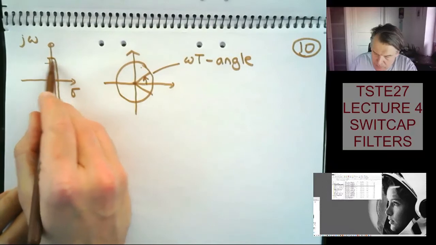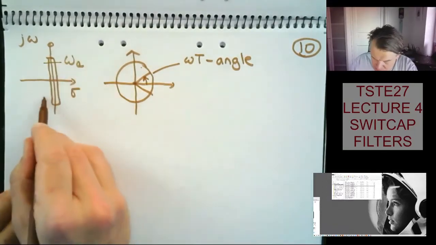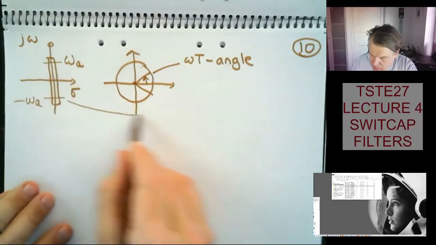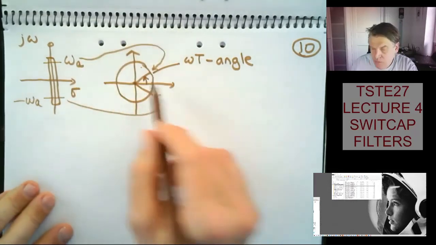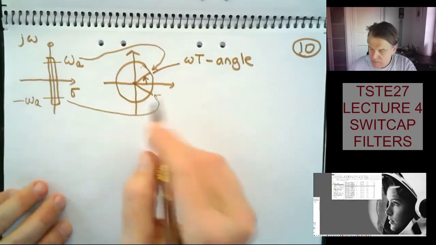So invent the number omega a here, minus omega a. Those two have to map on your selection of this angle on your unit circle. So it's up to you as a designer.